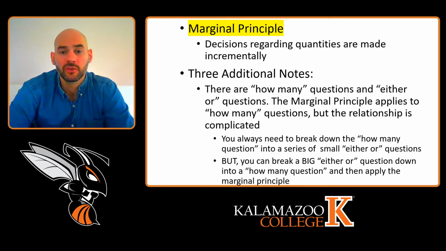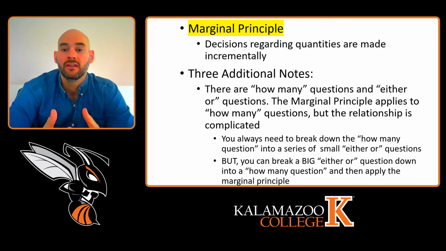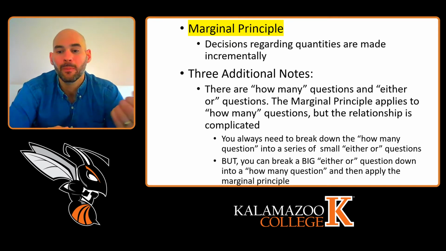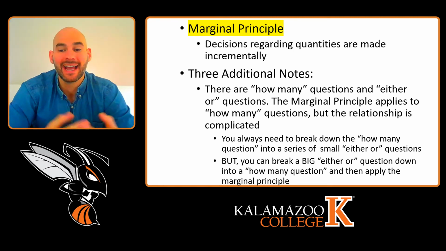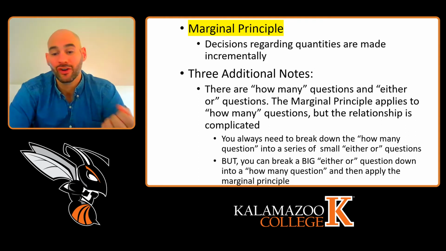So the marginal principle states that when we make decisions regarding quantities, for example, how many years of graduate school we should pursue, how many gigabytes of internet connection speed we should purchase, then these decisions are made incrementally, that it's not all or nothing.